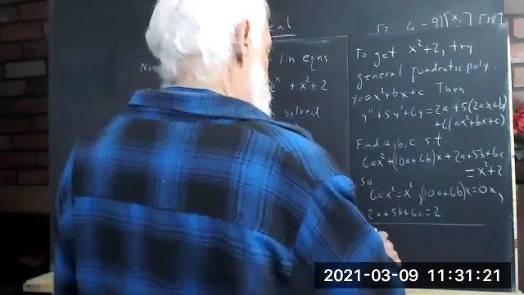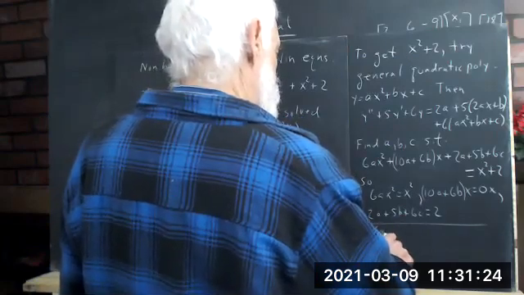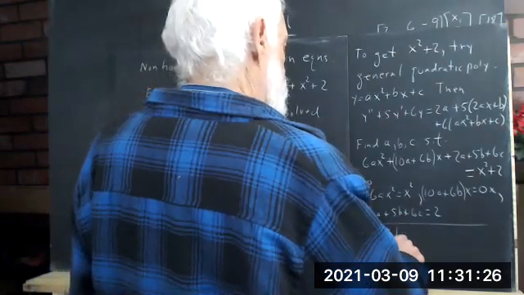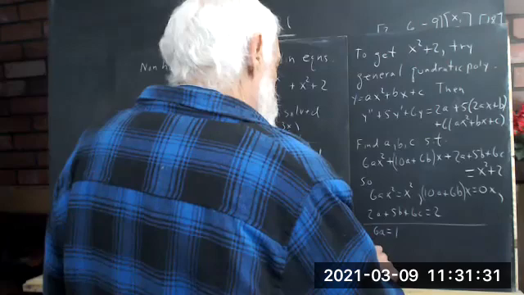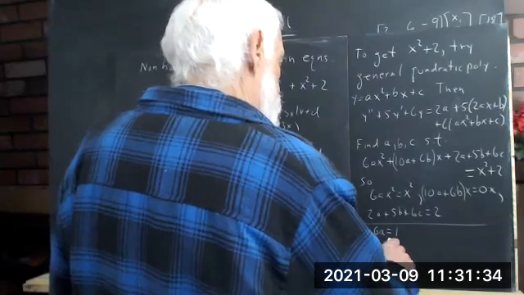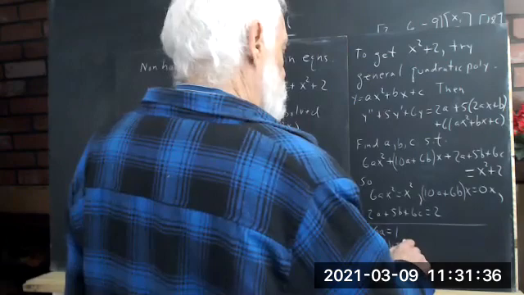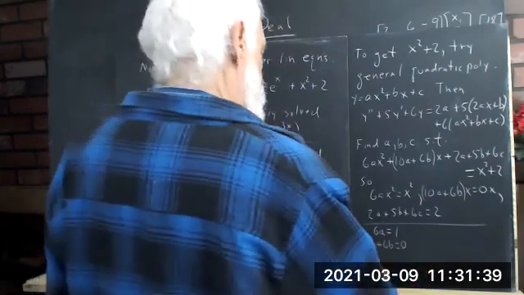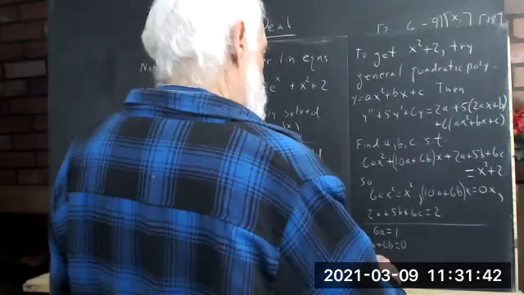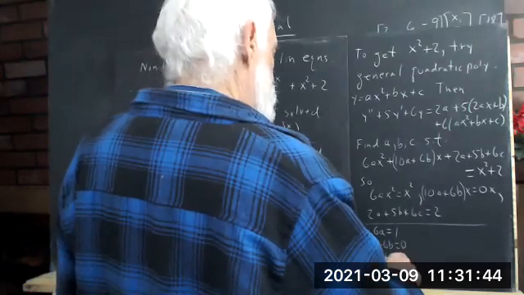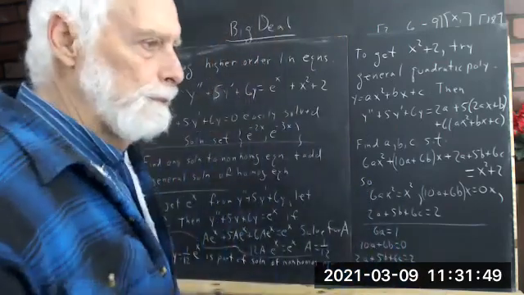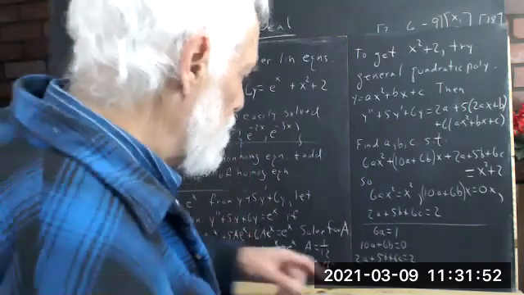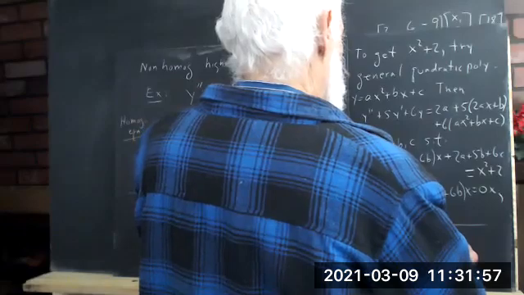So 6a has to equal 1 from this equation. 10a plus 6b has to equal 0. And 2a plus 5b plus 6c has to equal 2. Well, this tells us that a has to be 1/6.